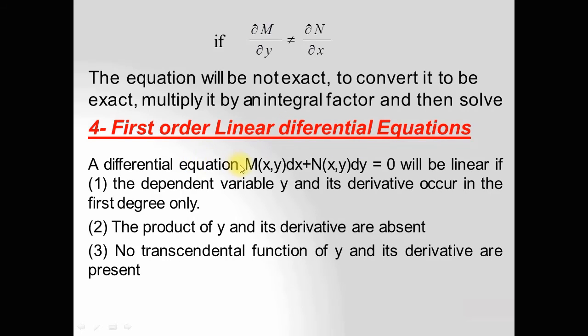A differential equation M dx plus N dy equal to 0 will be linear if these 3 conditions hold. Number 1, the dependent variable y and its derivative occur in the first degree only. Number 2, the product of y and its derivative is absent. Number 3, no transcendental function of y and its derivative is present.